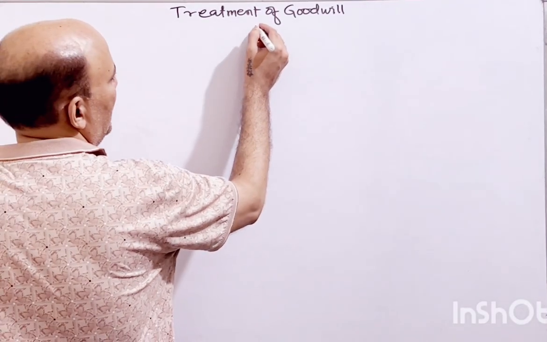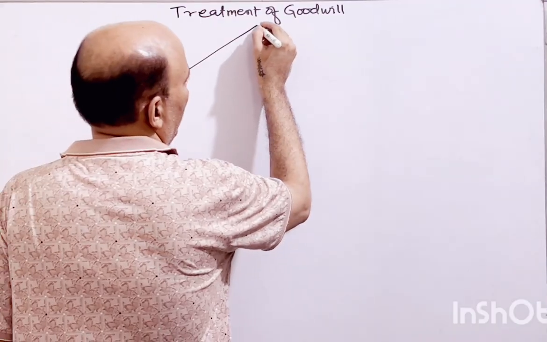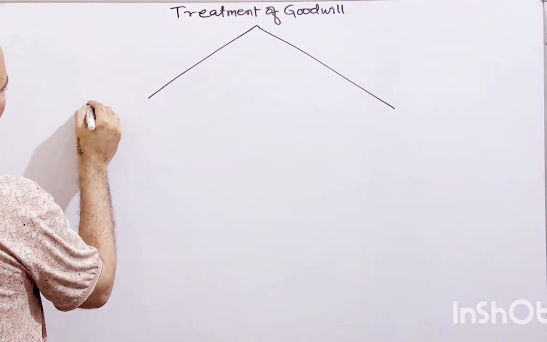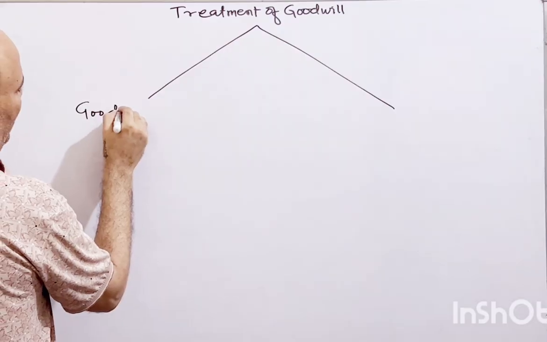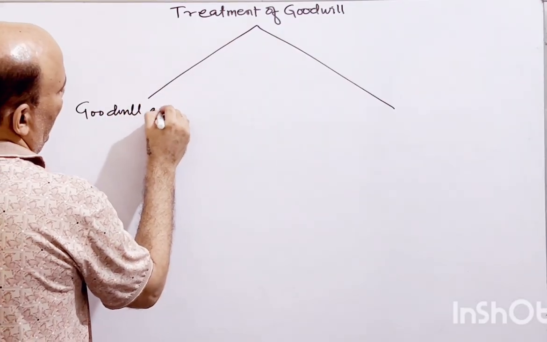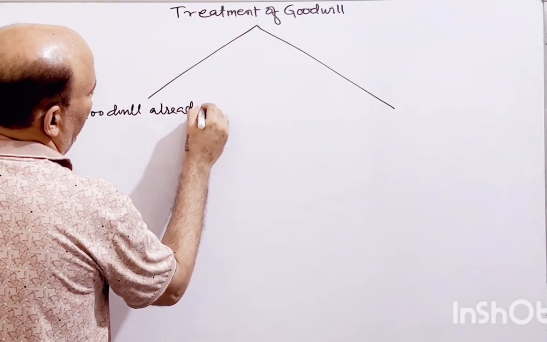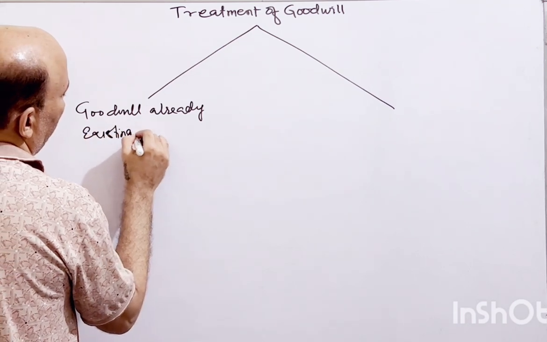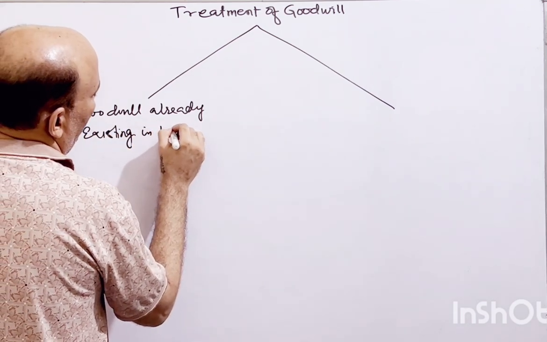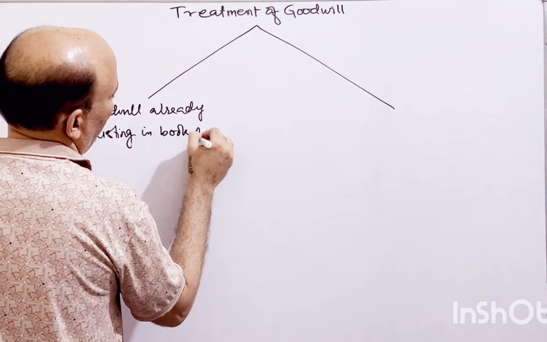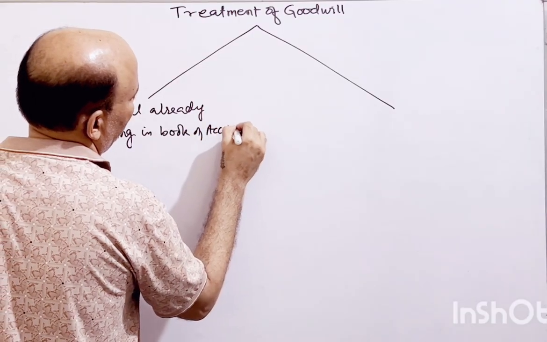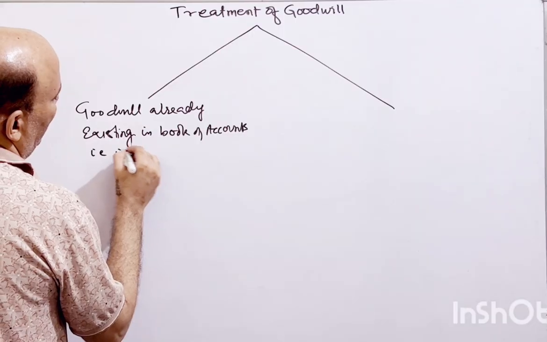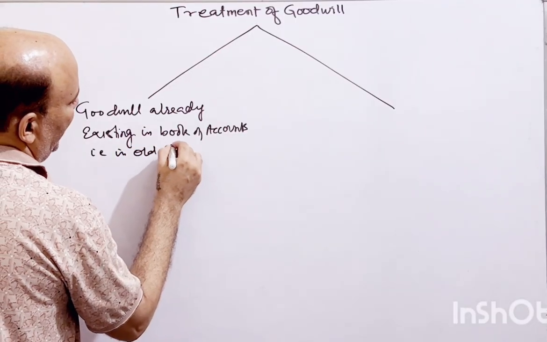One related to the goodwill which is already existing in the books of account, that is in the old balance sheet.